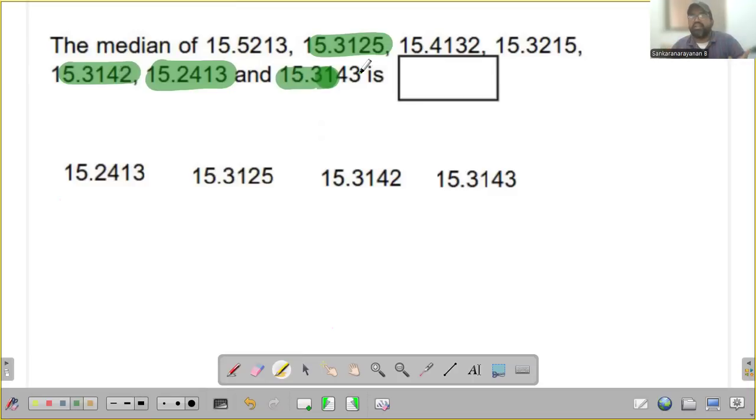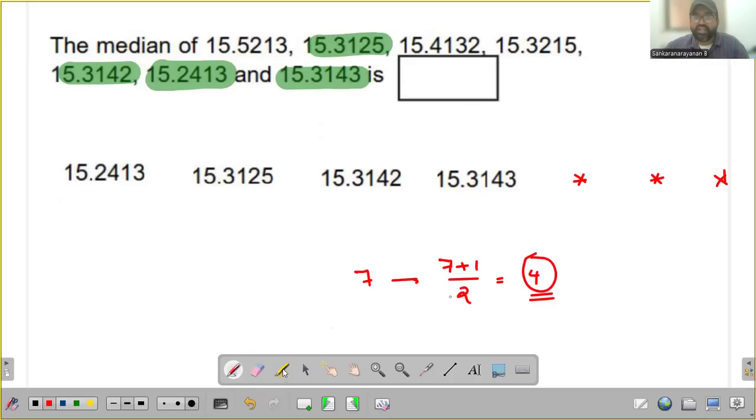The remaining three, 15.5213, 15.4132, and 15.3215, those three observations are going to be on the right hand side of this 15.3143. You need not write them, because the number of observations is 7. 7 plus 1, 8 by 2, is equal to 4. The fourth observation itself will be the median.